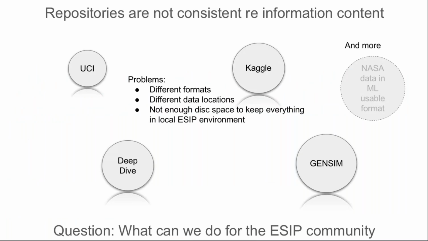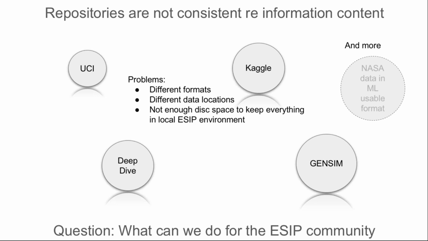So, as I told you, the problem is that repositories are not consistent in terms of the information they are providing. And also we need to look into the dataset formats as well, which is very important for how you are feeding your data into the machine learning algorithm.